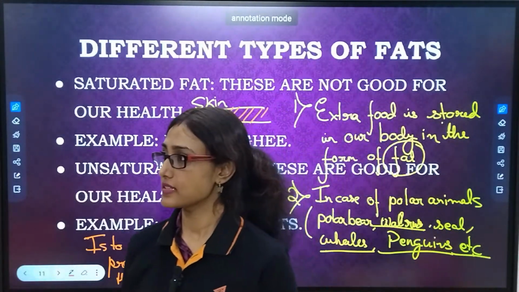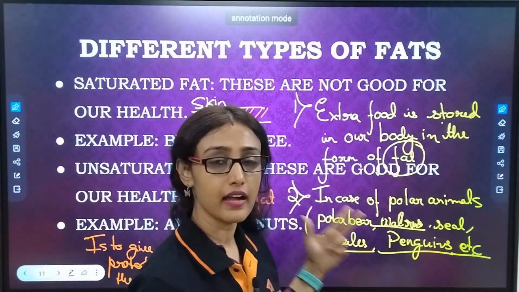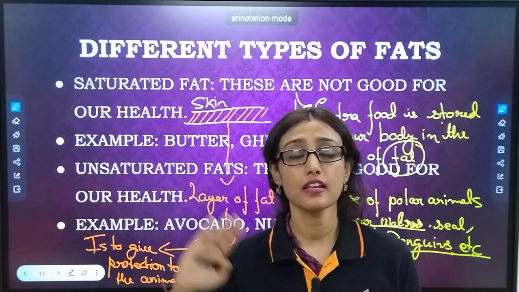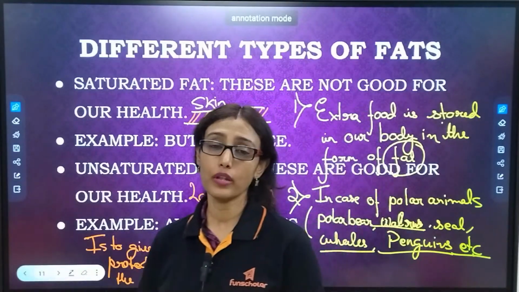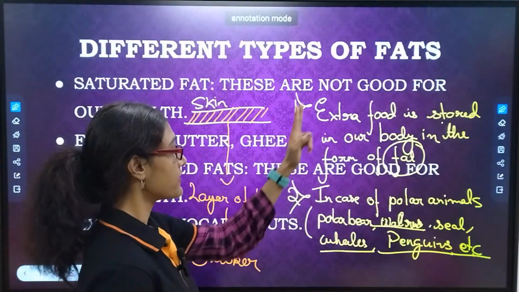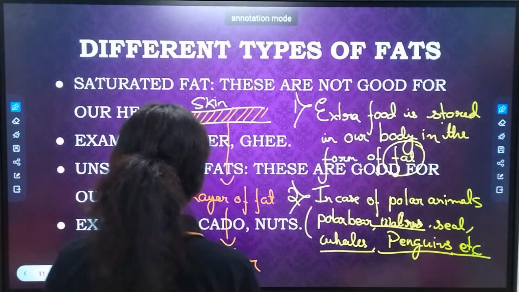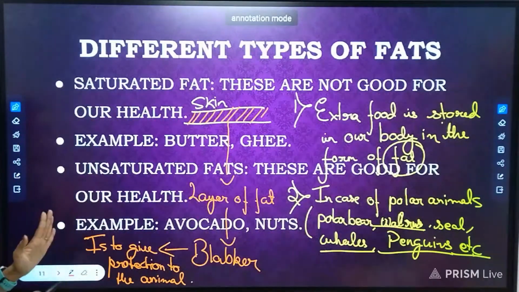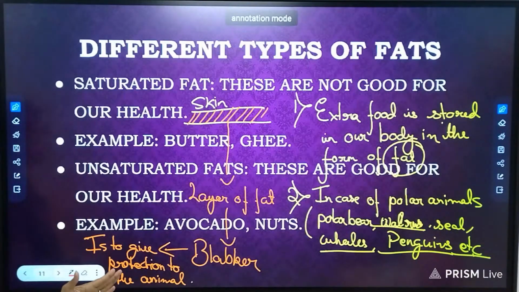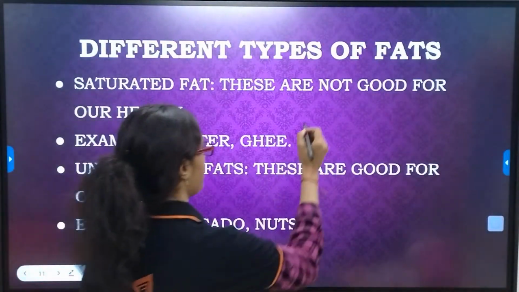That is why the animals over there can bear that much minus degree Celsius in the polar region, that is in the Arctic or Antarctic region. So, first point is extra food, second point is protection, and third point, please take a screenshot or please do write it down, the important points I am giving you so that you can read it later on. Okay. The third point.